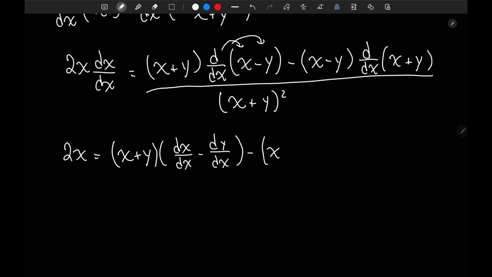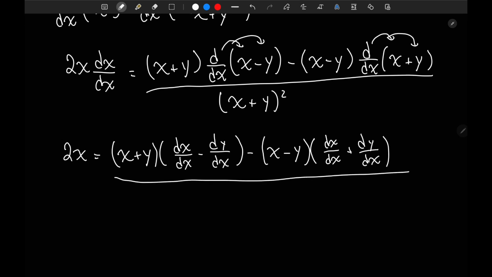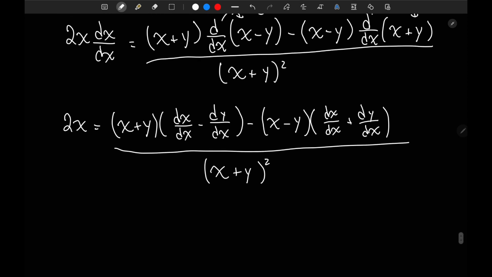Then over here, we'll do the same thing. The derivative of x with respect to x is going to give us dx dx. The derivative of y with respect to x is going to give us dy by dx. And again, this is all over x plus y all squared.